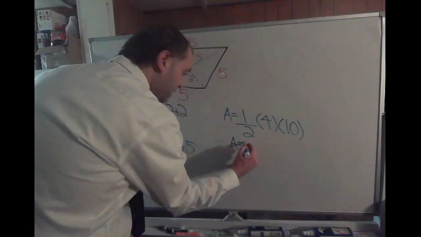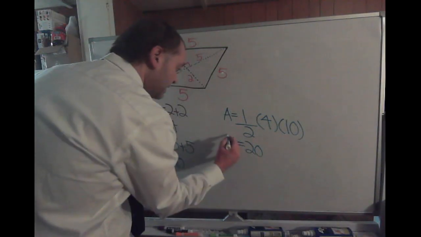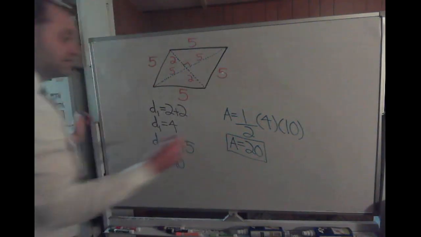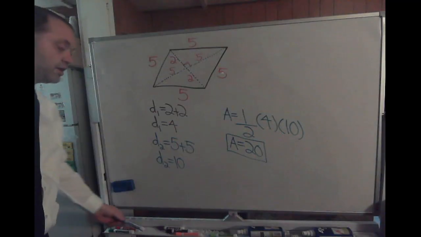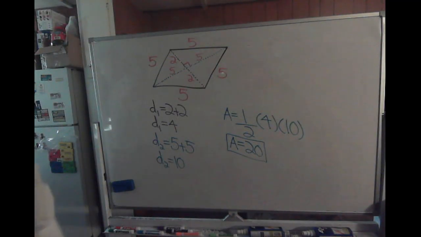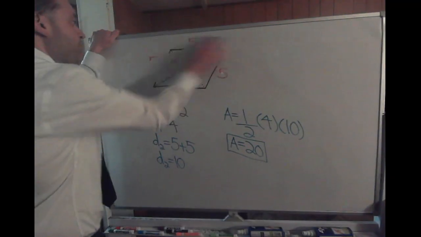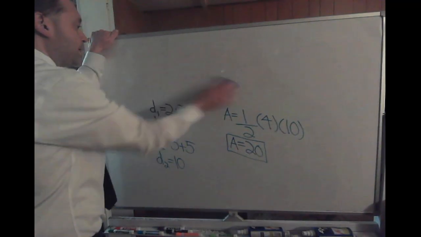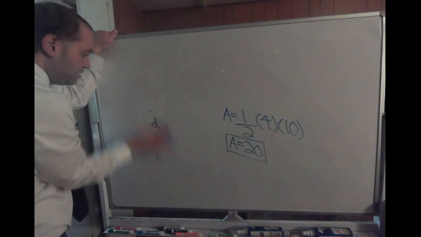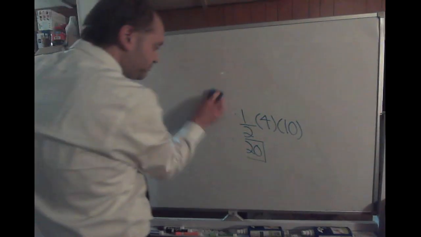So the area of this rhombus would be 20 square units. That's exactly what you would get, is 20 square units. So that wasn't too bad. All right, what's next?